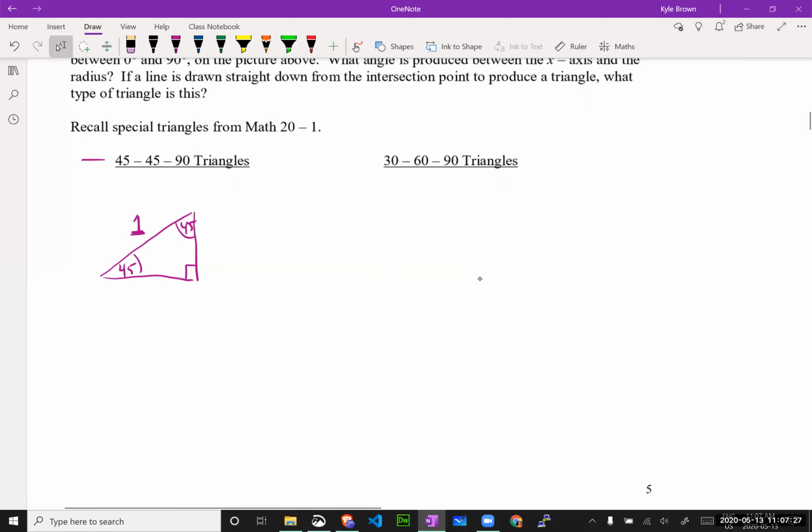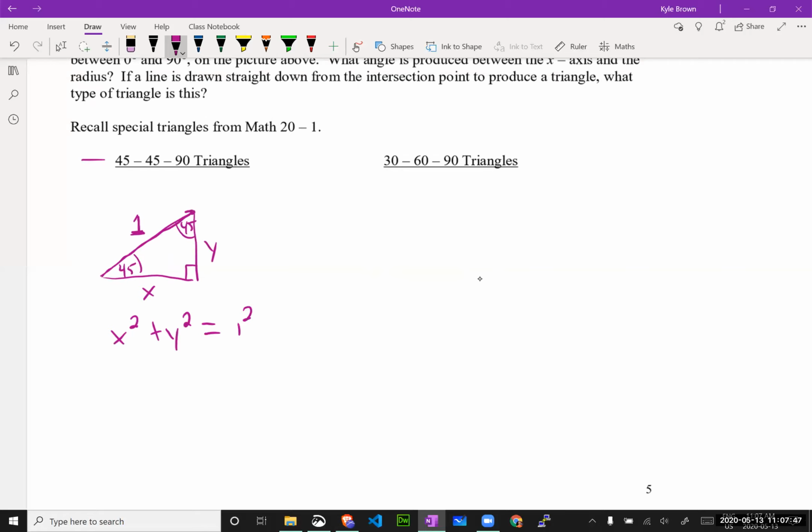So if I have a radius of 1 from there to there, and I call this X for a second and this Y, then I can set this up with a little Pythagorean theorem. I know that X squared plus Y squared is equal to 1 squared, which is just 1.